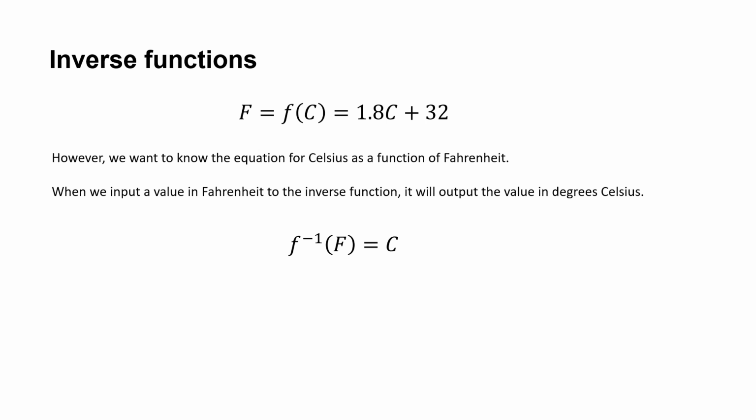We will shortly go over how to calculate the inverse function, but essentially the notation here is f to the power of minus 1 of x generally, but here I've put it in terms of f. This is my inverse function of f. So here we can see my inverse function of f, when I evaluate it with a Fahrenheit, will now give me a value in degrees Celsius.